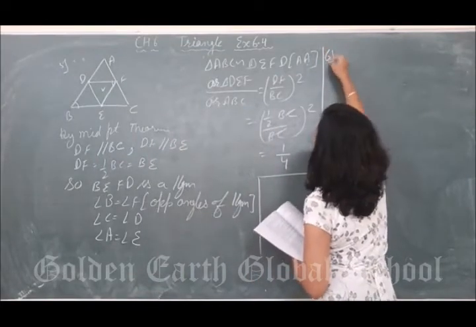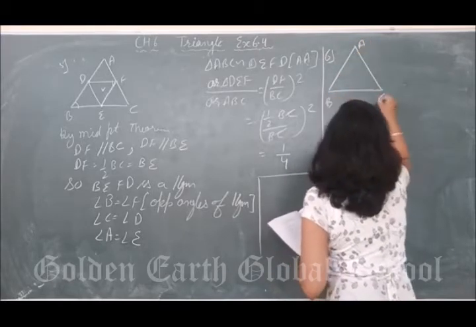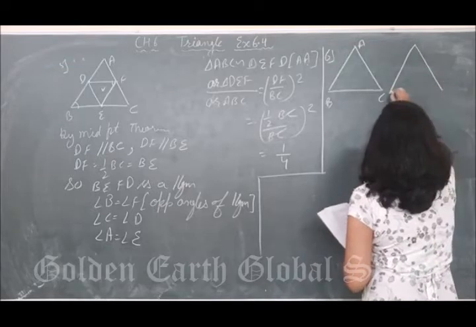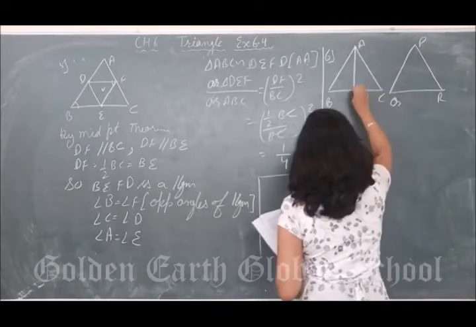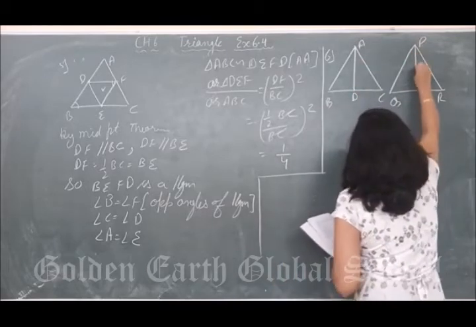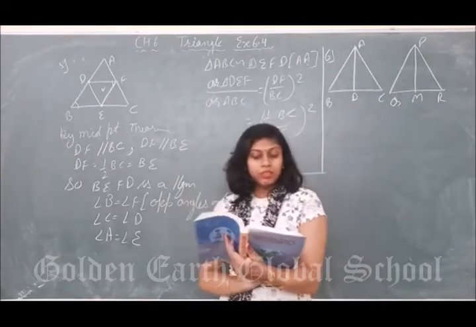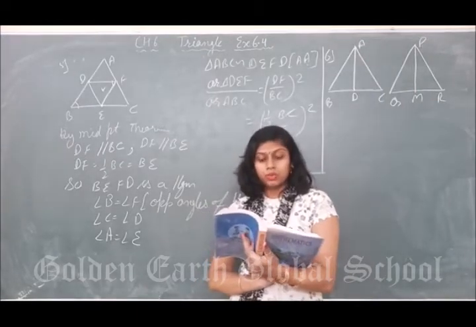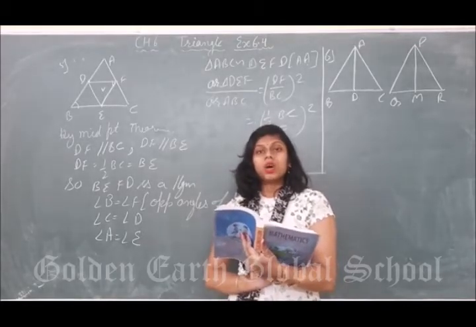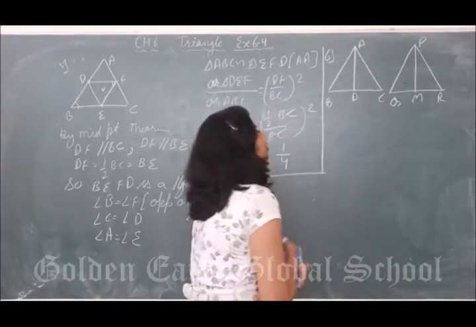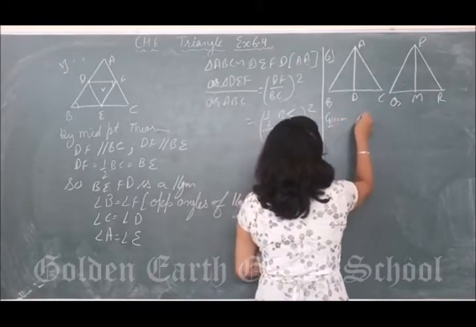Question number 6. Triangle PQR. Draw their medians. We have to show that the ratio of the area of two similar triangles is equal to the square of the ratio of their corresponding medians. The result is for corresponding sides. Now it is given the triangles are similar.